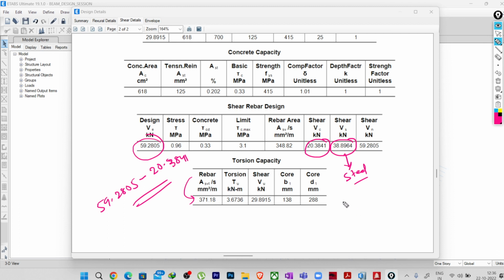We know that 38.8964 equals 0.87 multiplied by 500, that is 0.87 fy, into Asv. So suppose we are using, let me write it here, Asv multiplied by 309, my d, divided by Sv. So what is the value of Asv by Sv you are getting? Tell me.